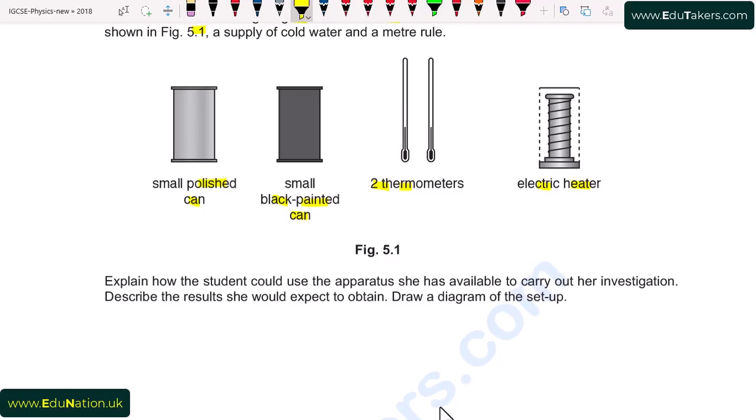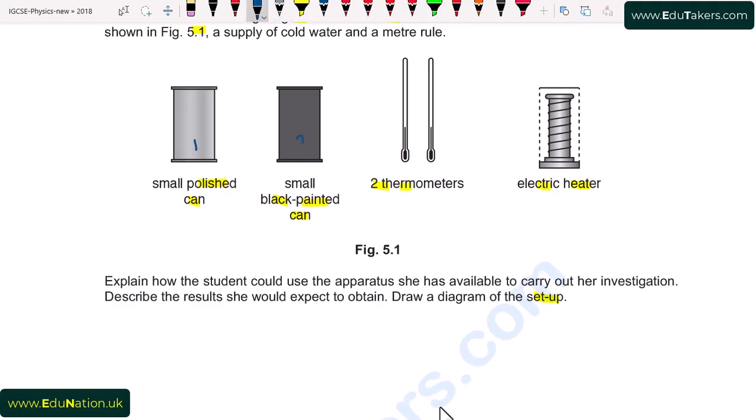Explain how the student could use the apparatus she has available to carry out her investigation. Describe the result she would expect to obtain. Draw a diagram of the setup. So first of all, which steps do we have to do? There are two cans. One is polished while the other is black.